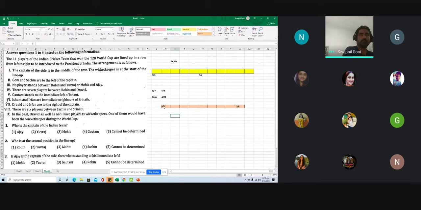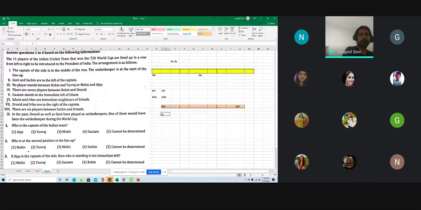Now we know that between Robin and Dravid there are 7 people. But where Robin and Dravid are, we are not told. So I'll keep all my options open. Either Robin or Dravid, Dravid or Robin. But if you look at statements 3 and 4, we know that Robin and Yuvraj are next to each other.